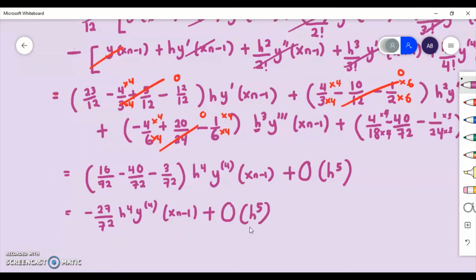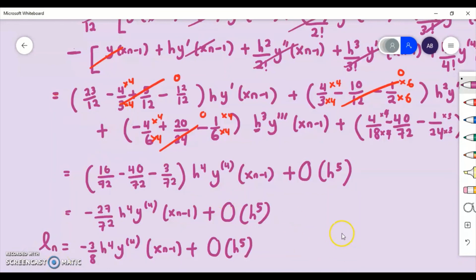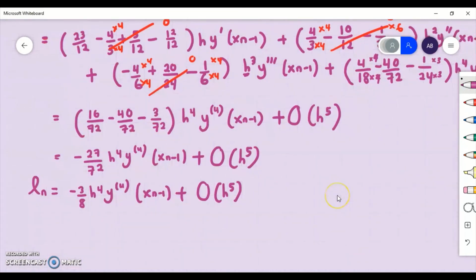So I can simplify this to negative 3 over 8. There you go. So my local truncation error is given by this. I can say that this third order Adams-Bashforth method is of order 3.